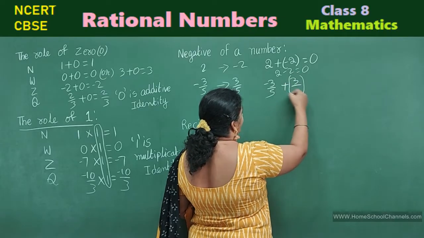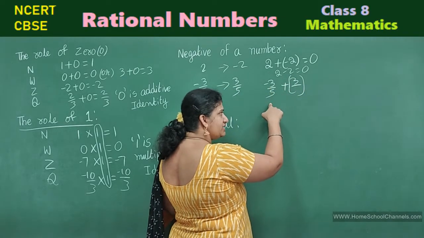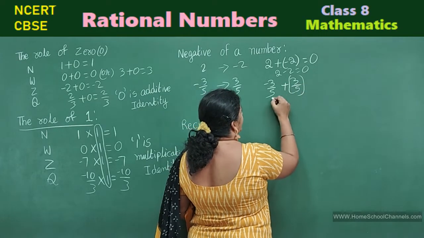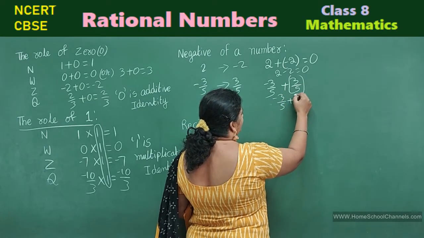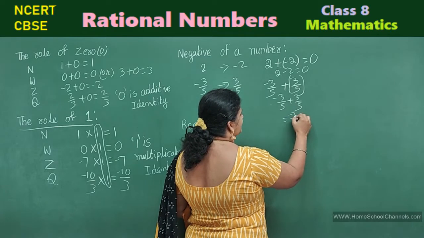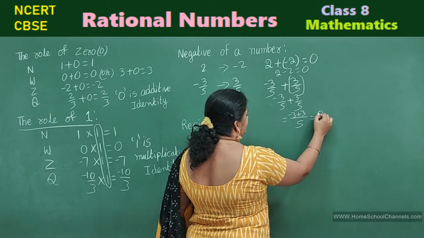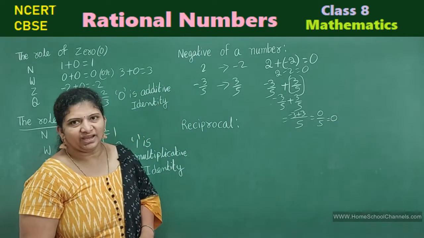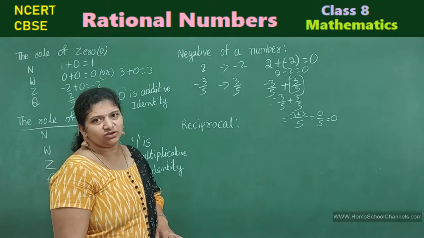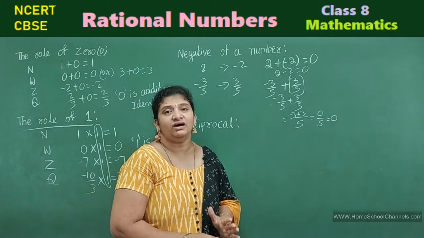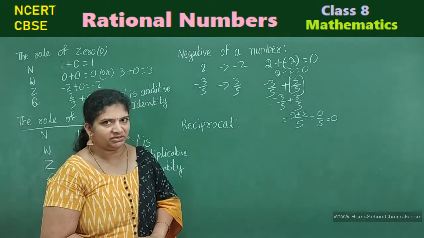The number is already negative, so its negative will be positive. Minus 3 by 5 plus 3 by 5. If you do the LCM, 5, minus 3 plus 3 will be 0, and 0 by 5 will be 0. Therefore, the negative of a number is the additive inverse of the number.